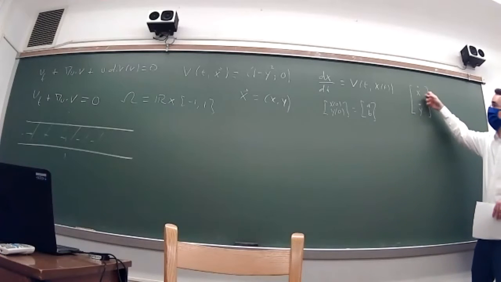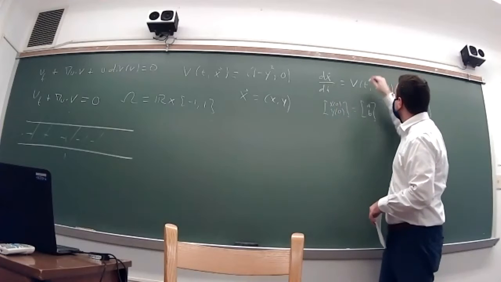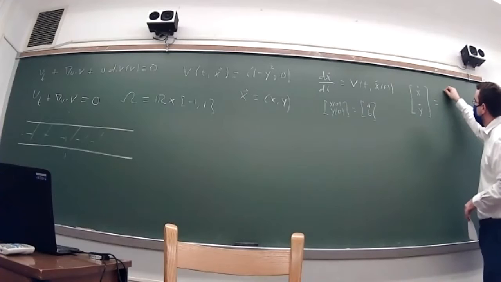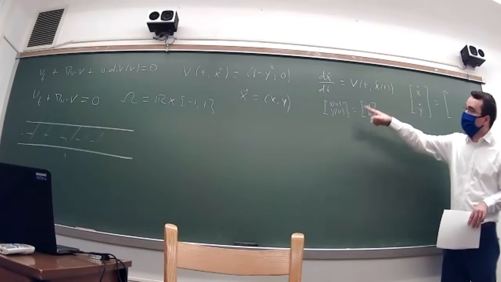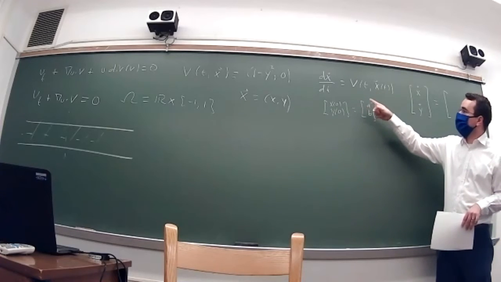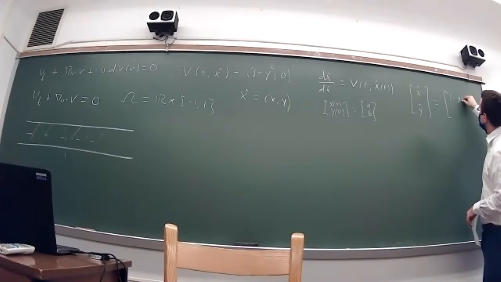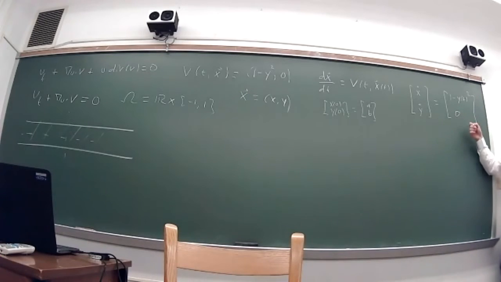I get the derivative dx/dt should be equal to the velocity function with just x(t) and y(t) plugged in. So this is now 1 minus y(t) squared and 0. So you have this system of two differential equations that you want to solve.